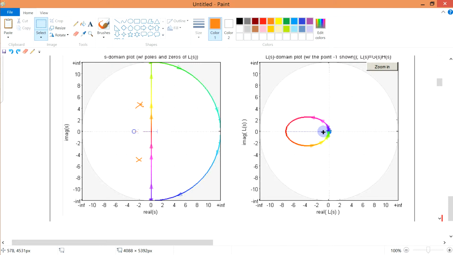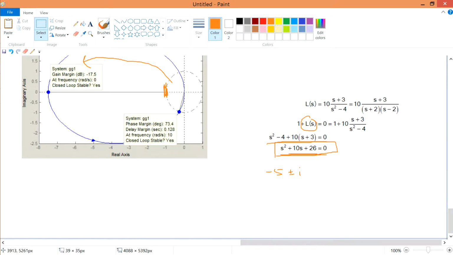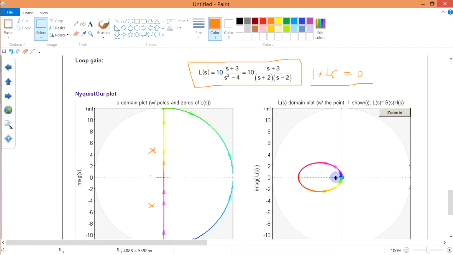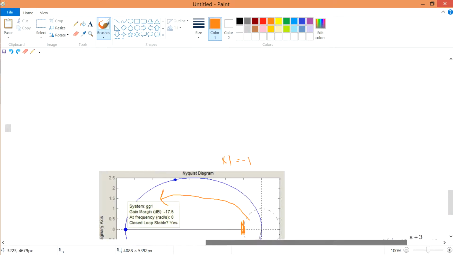So we don't care about the zero position, as long as it's within here, then it's not unstable. And how can we determine that? Since we know that there are two poles, or in other words, there are no poles in the right half plane, then we can say that P is equal to 0.